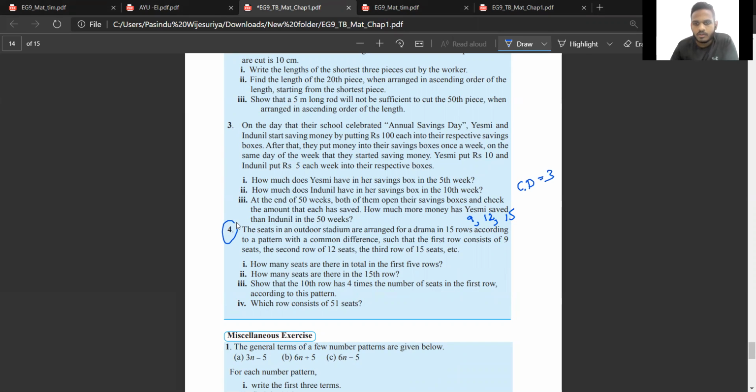How many seats are there in total in the first 5 rows? The next one is 18, 21. So you have to add all rows: 9 plus 12 plus 15 plus 18 plus 21 is 75.